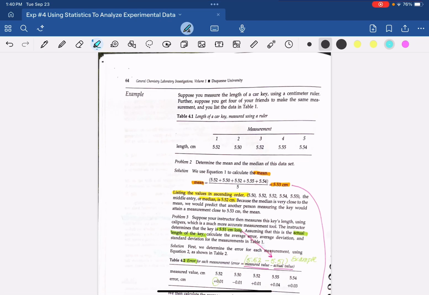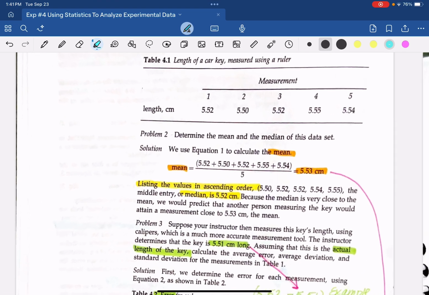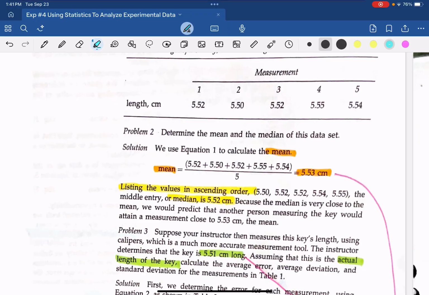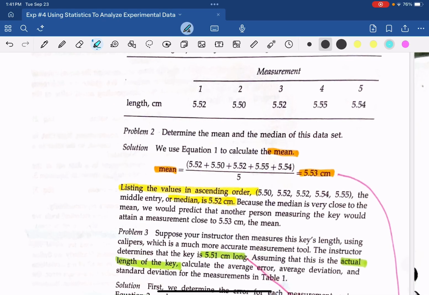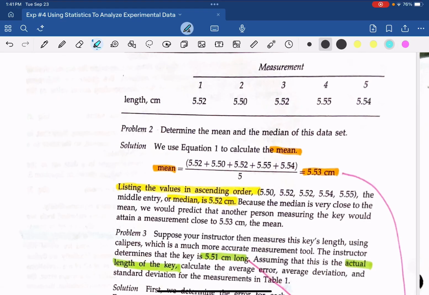This example problem is exactly what you're going to do after you have collected your data, or if you've already collected it. This example uses the length of a car key, and it gives you your series of measurements. We have 5 different measurements with lengths that are all measured in centimeters.